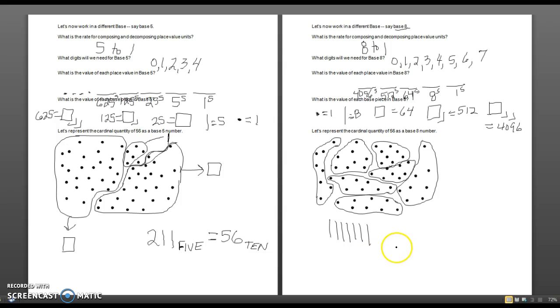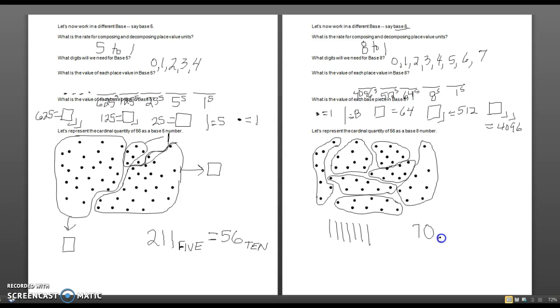So now when I go to record this number, I need to record that I have 7 longs, which are 7 8s. And then to make sure that people know that this is in the 8s column, I've got to put a 0 here to let them know I have 0 ones. So 7 8s is 56, and I've got 0 ones.